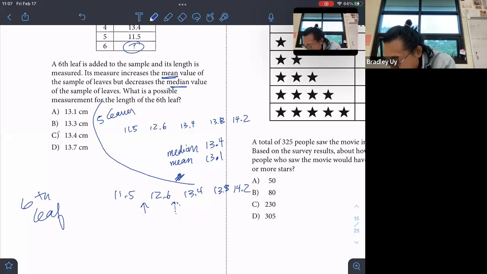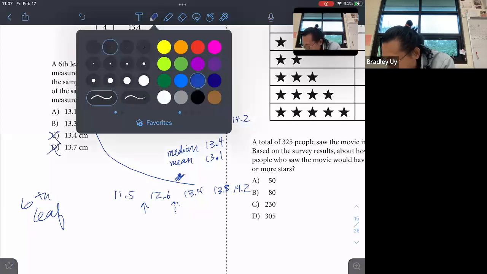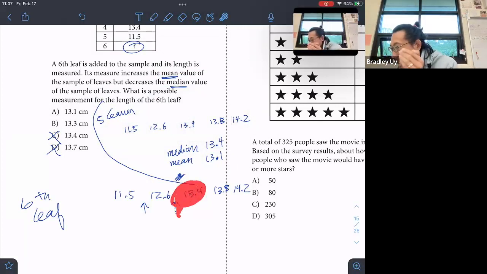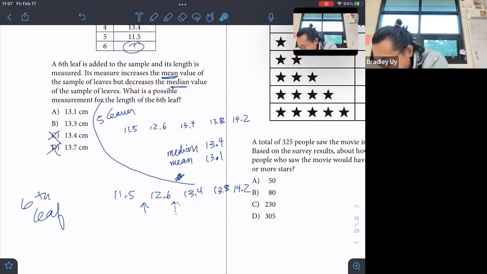Okay, so it is not this, it is not this. If the number were exactly 13.4, if you added another 13.4, then there would be 2 13.4s, and the median would be the average of 13.4 and 13.4, which is 13.4. You would not decrease the median as we need to when we introduce the 6th leaf. Okay, that leaves 13.3 and 13.1.